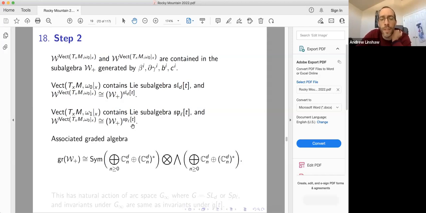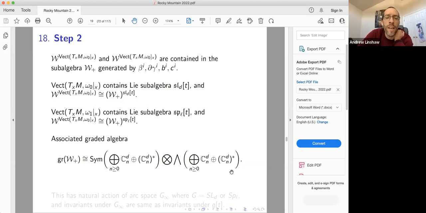This problem can in turn be reduced to an associated graded version of the problem. The associated graded algebra of W plus is a symmetric algebra on a bunch of copies of C^D and C^D star, for each n. So it is a symmetric algebra on this vector space plus its dual, tensor a symmetric algebra on this vector space plus its dual.